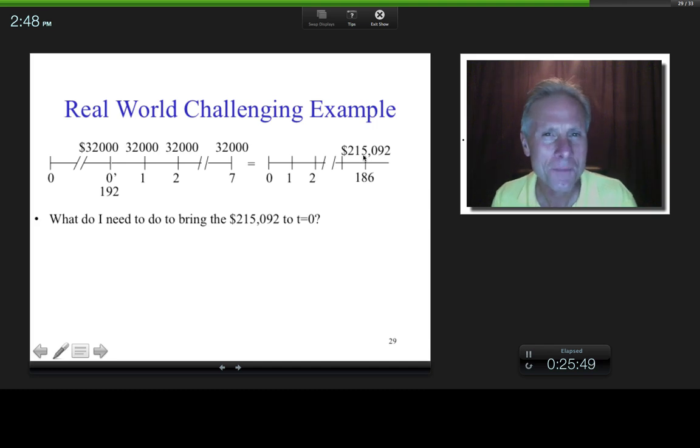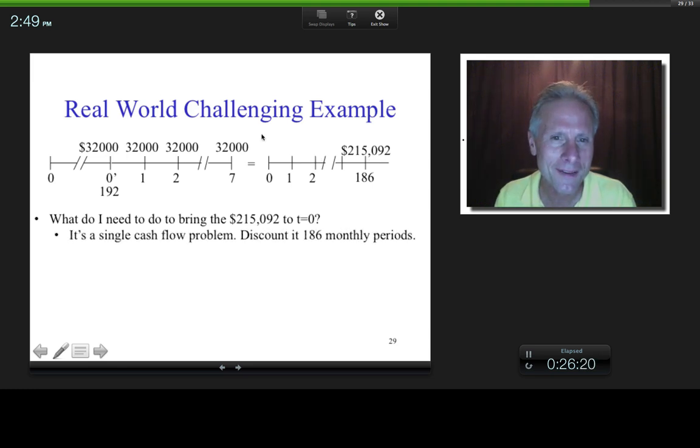But do we want this 215 at time period 186? We don't, right? What time period do we want it? Well, we want to bring it back to time 0. Why? Because if you recall, we're going to set the left-hand side equal to the right-hand side, but they both have to be in the same time period. And as I mentioned, what kind of a guy am I? I'm a time 0 kind of a guy, okay? And so is it a single cash flow problem to bring the 215,000 back 186 monthly periods?